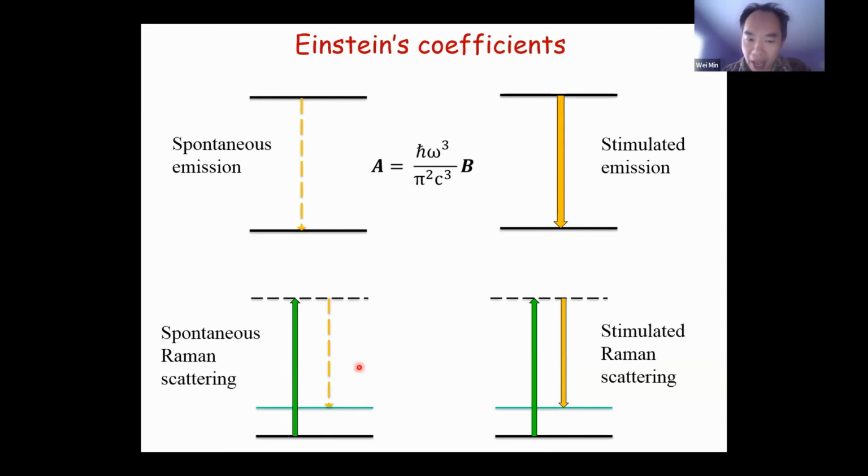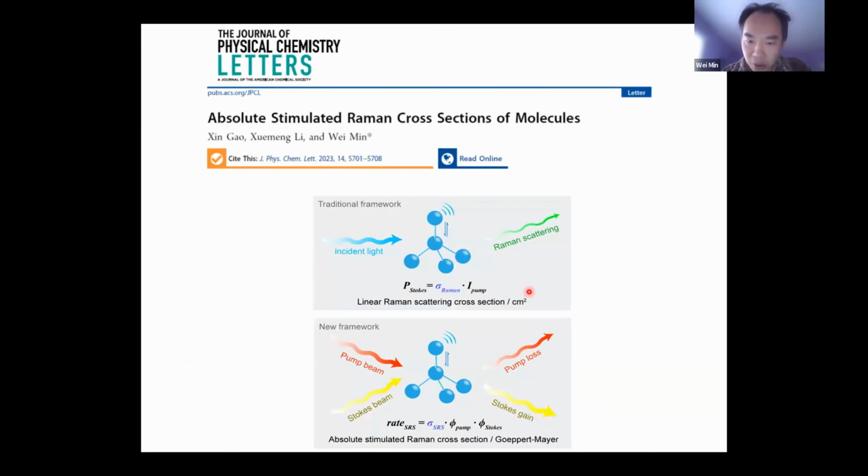You've got to have a physical parameter to characterize Raman scattering, and another physical parameter to characterize stimulated Raman scattering, and then see whether you can have an internal relationship. Long story short, the way people used to characterize Raman scattering is the Raman cross-section. Everybody knows this is well established, and every single Raman paper uses the Raman scattering cross-section.